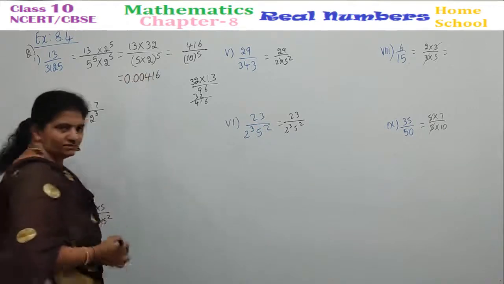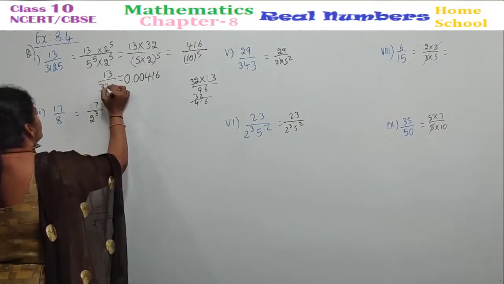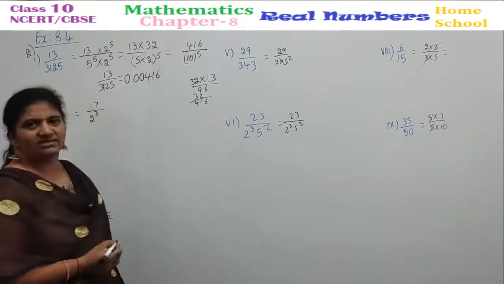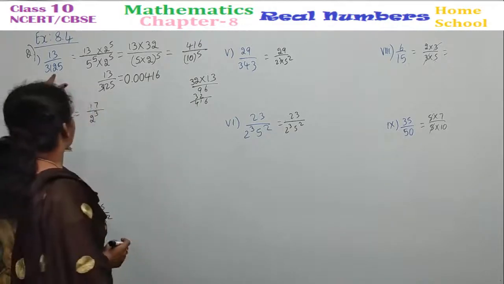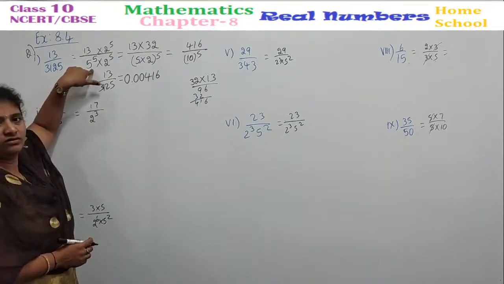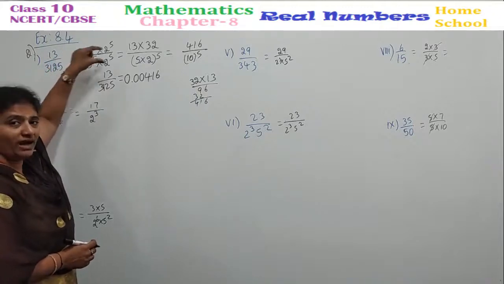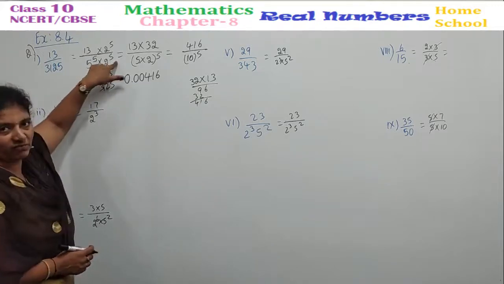This is your answer. What is the decimal expansion of 13 by 3125? It is 0.00416. Once again I repeat, how did we do this one? Observe the denominator, 5 power 5 is there. So what do you multiply to get 10 power 5? 2 power 5 should be multiplied.